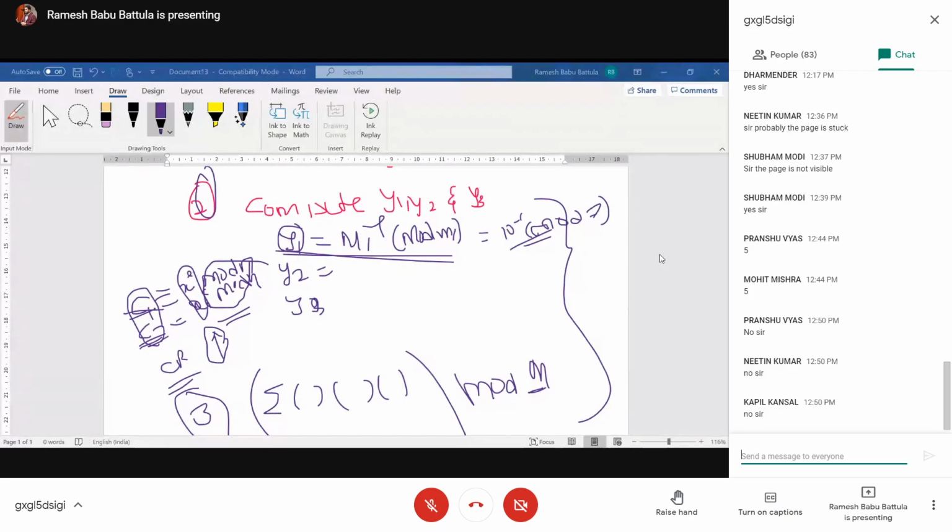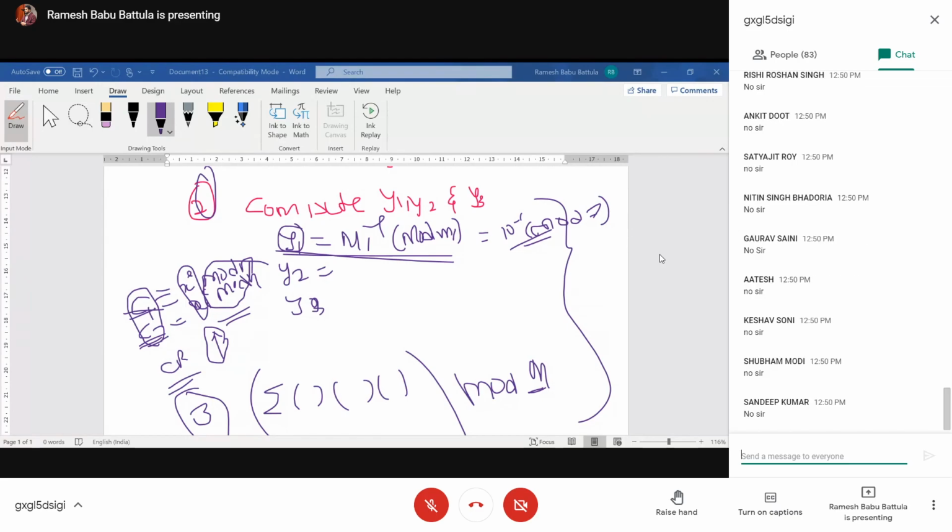So the conclusion of today's class is: one is the Miller-Rabin primality test, and the other one is the Chinese remainder theorem.